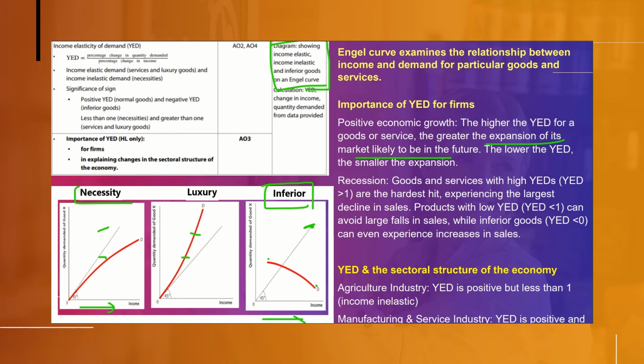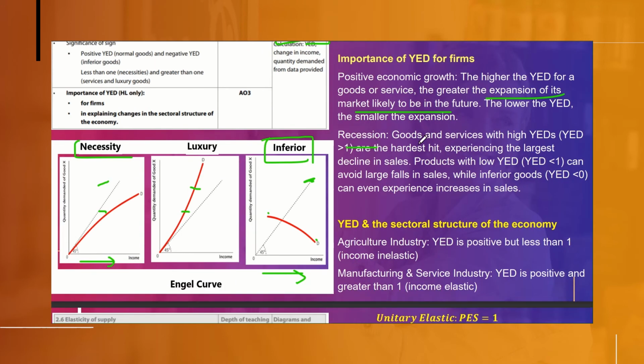And the next one is recession. Goods and services with high YED are hardest hit during a recession. Like during the COVID pandemic, luxury goods demand was heavily affected, right? Where the YED value is greater than 1 and firms are producing those luxury goods, if there is a recession in the economy, then firms might face severe challenges.